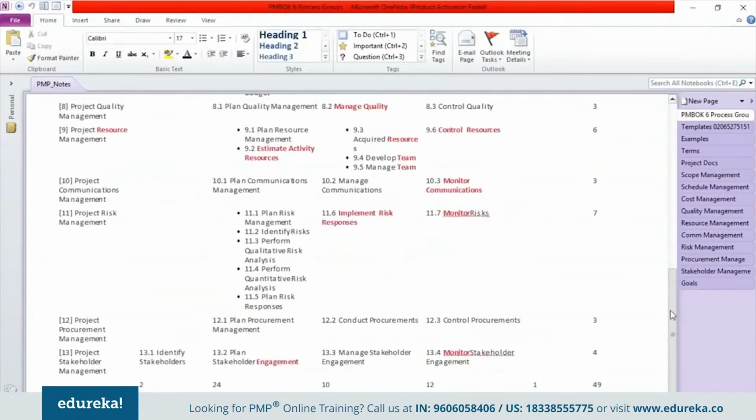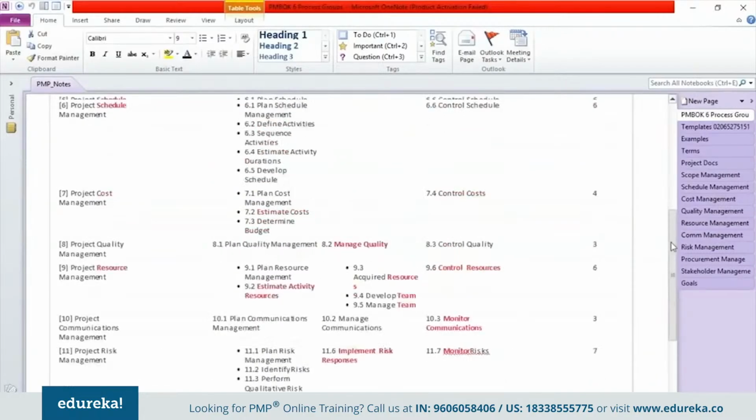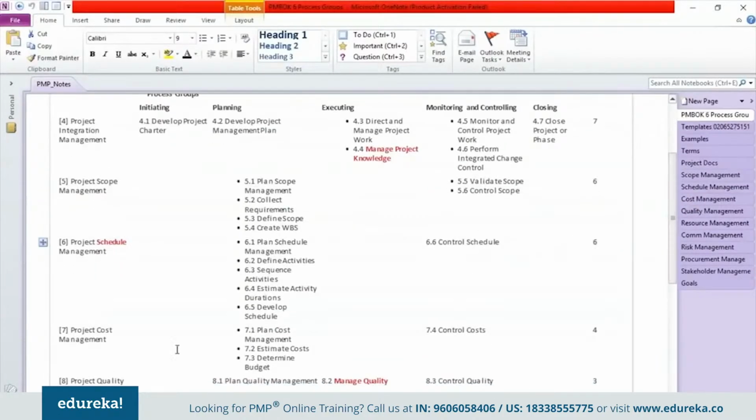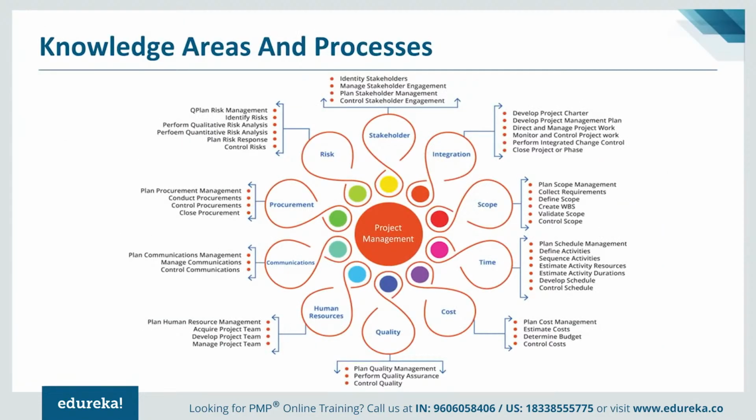This is where all of the process groups and the processes come into the picture. There are a total of 49 of them, as I mentioned, and 10 knowledge areas, and these are the process groups. And you'll find that across each of these process groups and knowledge areas, there are various processes that cut across multiple knowledge areas.